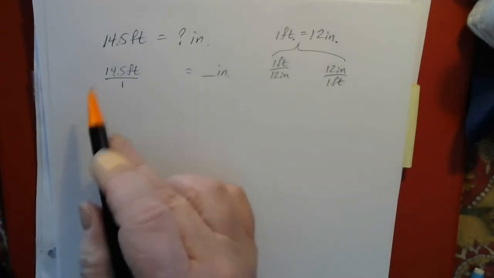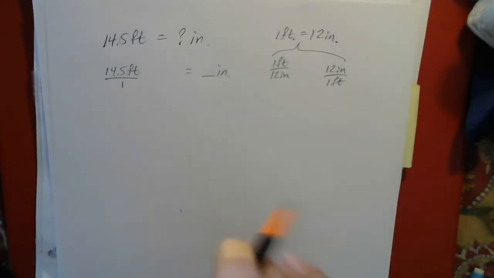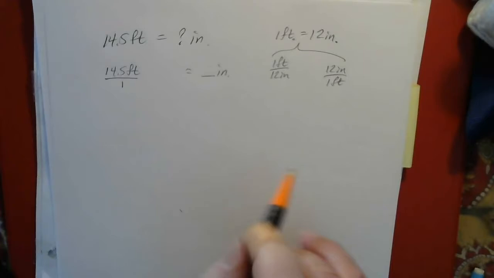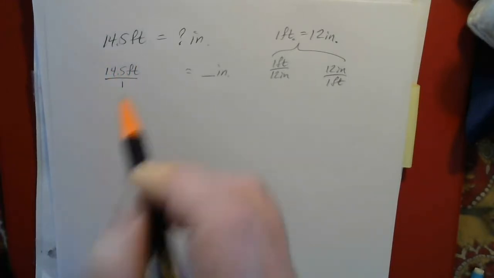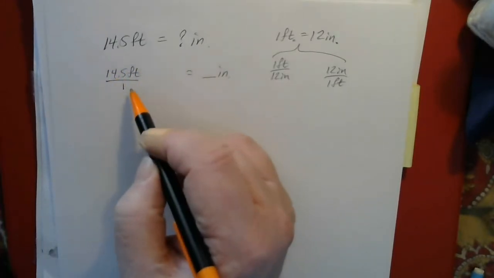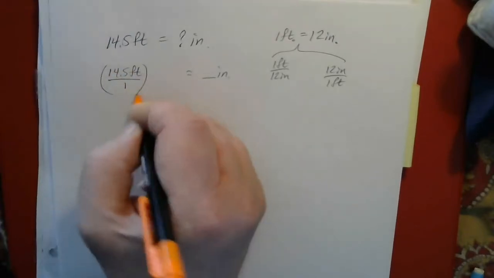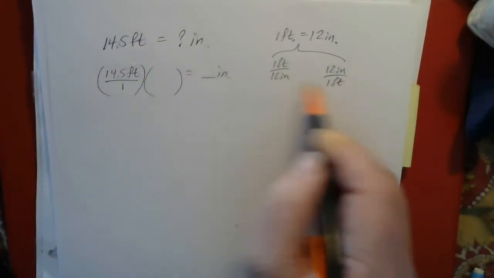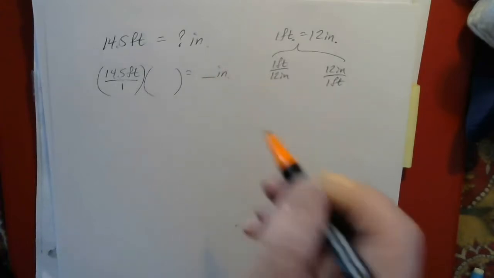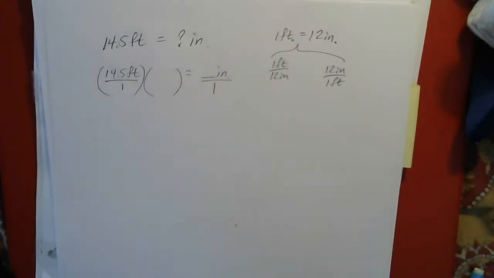So for simplicity, just illustrating how the math works, we can think of 14.5 feet as being 14.5 feet over 1. So 14.5 feet is the numerator, 1 is the denominator. We're going to have to multiply that by one of these two ratios in order to get a certain number of inches. And again, you can think of whatever that number of inches turns out to be as being in the numerator and 1 being in the denominator.